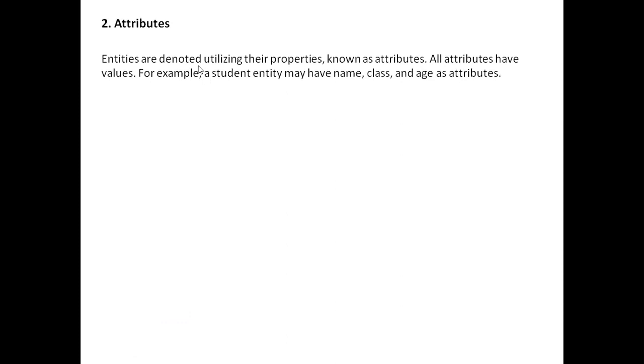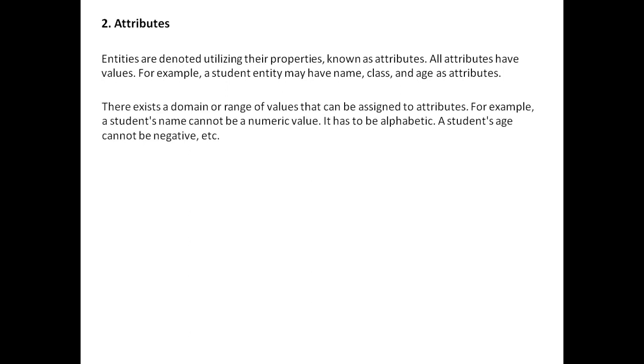Next is the attribute. The properties of the entities are called attributes. And all the attributes have their particular values. For example, if we consider the student entity, it can have the student identity number, student class, student name, student age, whatever detailed information about students can be taken from these attributes.